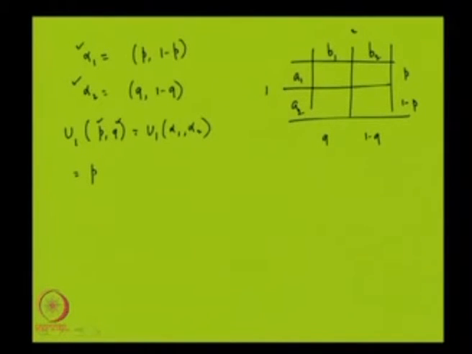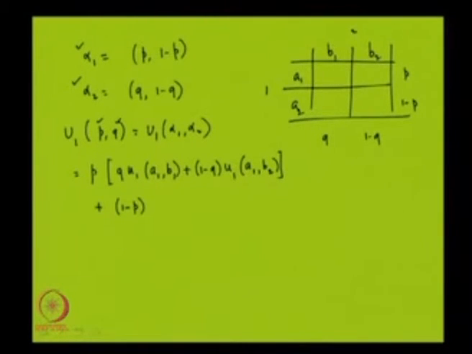First, P, the probability of playing this action, multiplied by what player 1 gets by playing A1. If player 1 plays A1, with Q, player 2 will play B1, in which case his payoff will be A1 B1, but with 1 minus Q probability, player 2 will play B2, in which case he will get A1 B2.